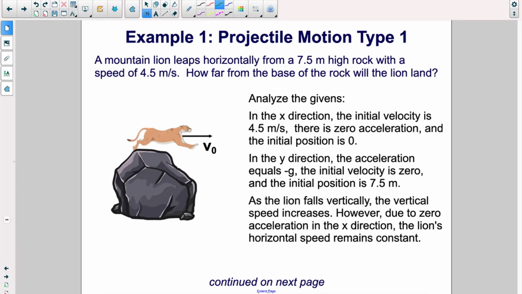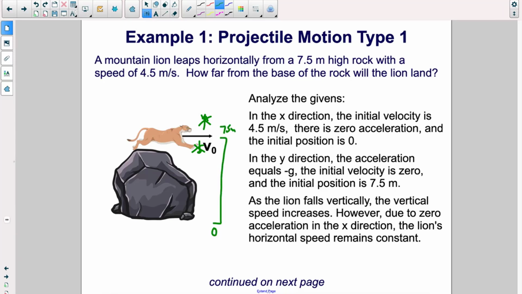The initial velocity is 0. So look, all of this lion's initial velocity is horizontal. There's none up or down, right? So it has 0 initial velocity in the y direction. And the initial position is 7.5. Since ground is going to be 0, that's 7.5 meters.